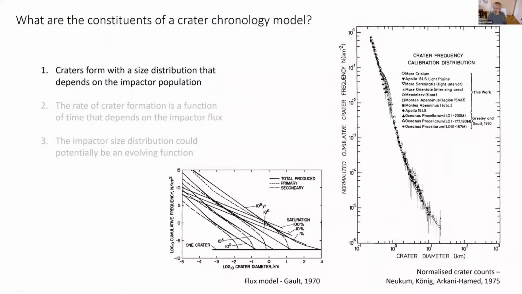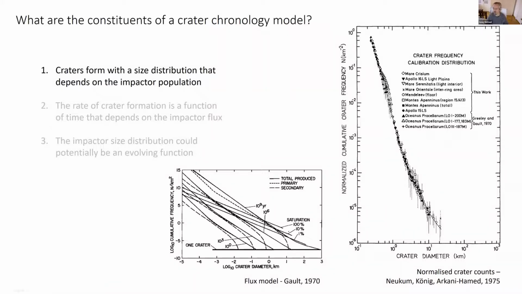So here on the right, you see the same kind of study that was done by Neukum, but this time they're looking at the actual craters that are formed on the surface of the moon, rather than thinking about the projectiles that produce them. And what you see here is a collection of measurements of size frequency distributions.